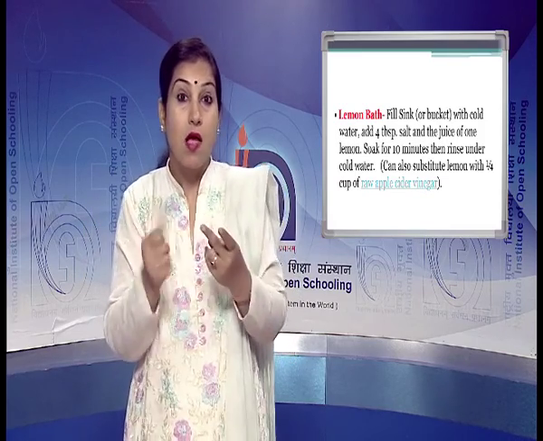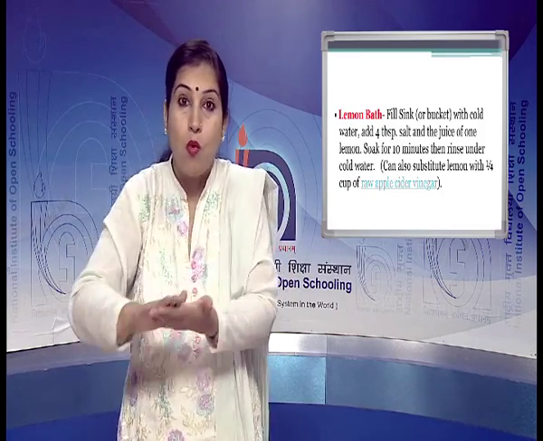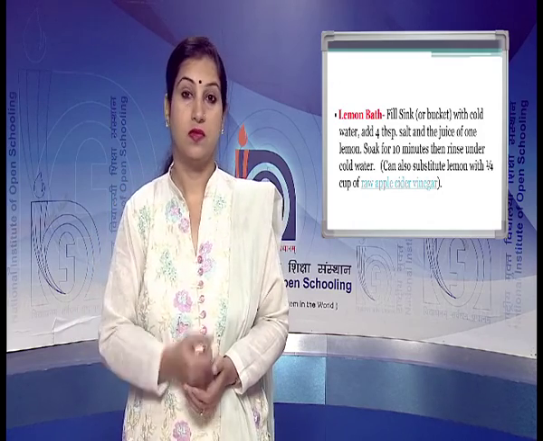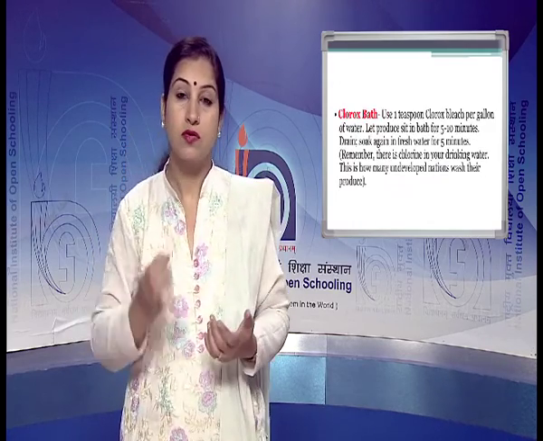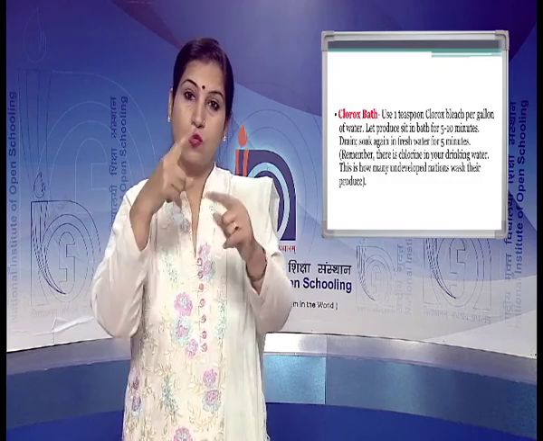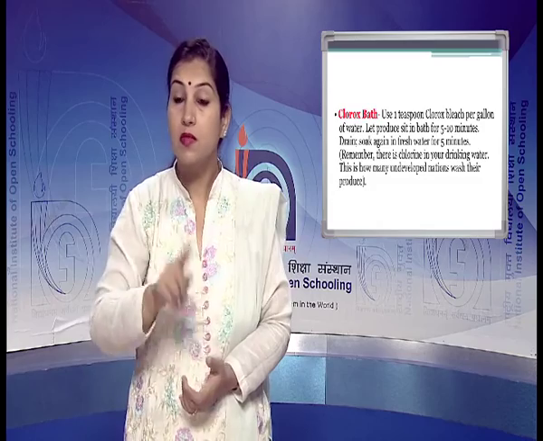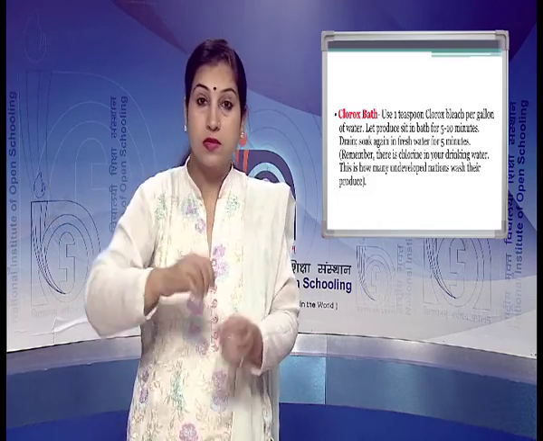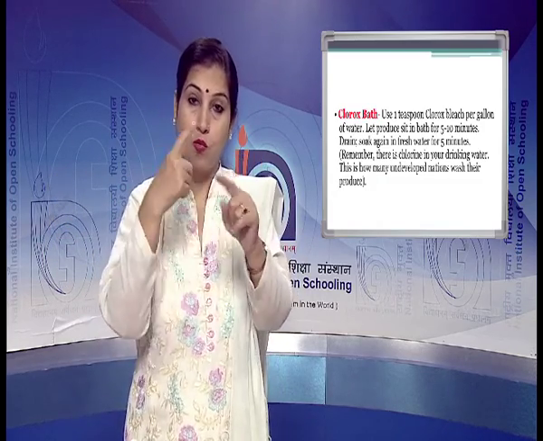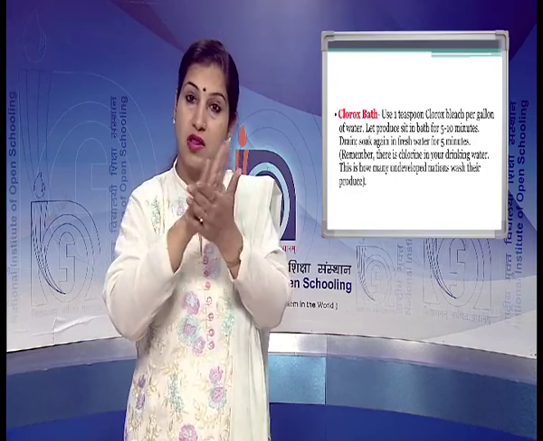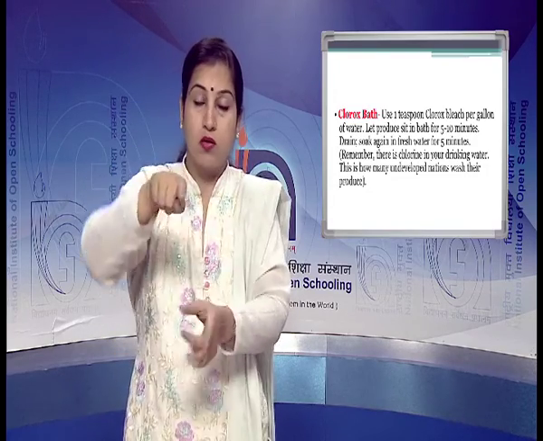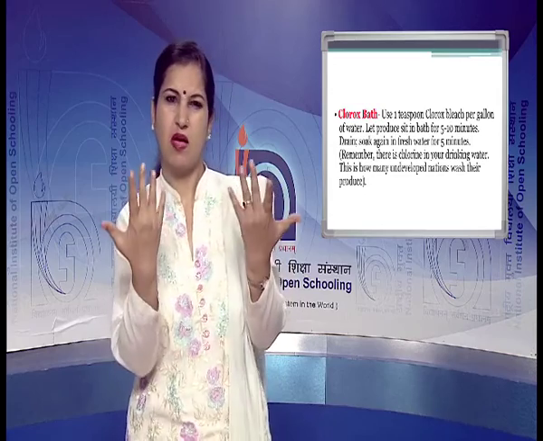Another method of washing pests out of vegetables and fruits is Clorox bath. For this, use 1 teaspoon Clorox bleach per gallon of water. Let produce sit in bath for 5 to 10 minutes.